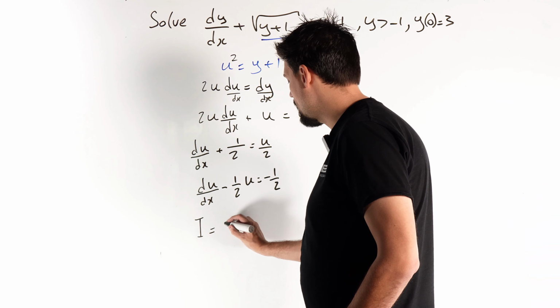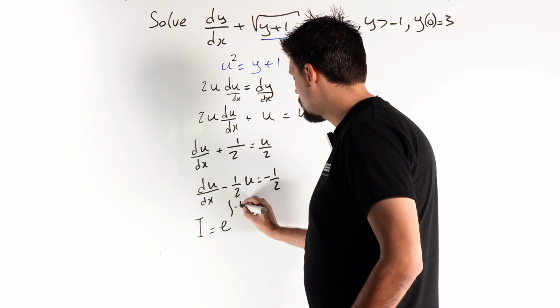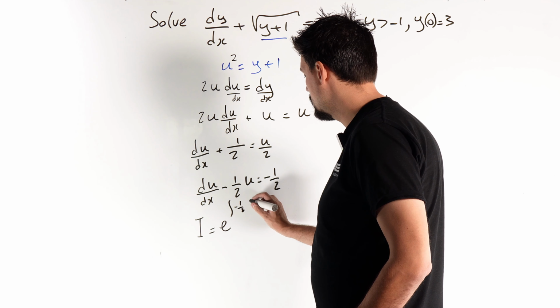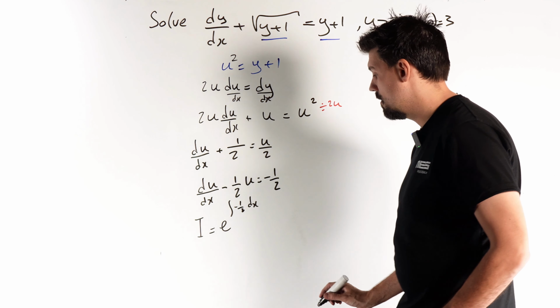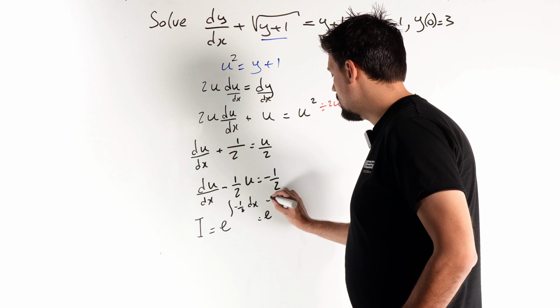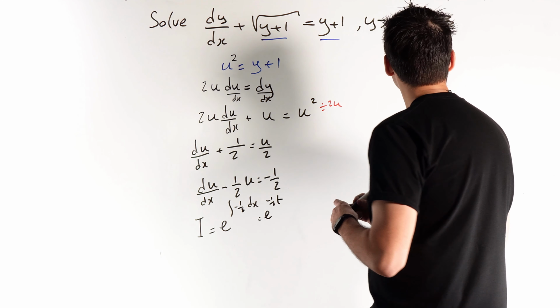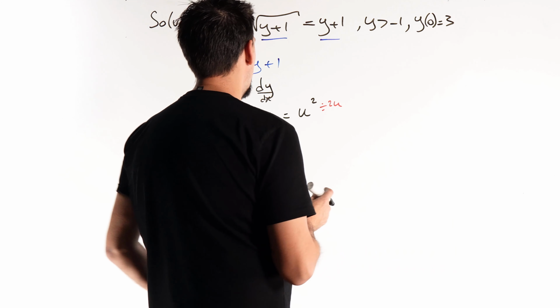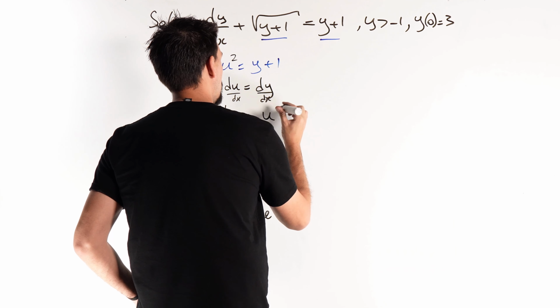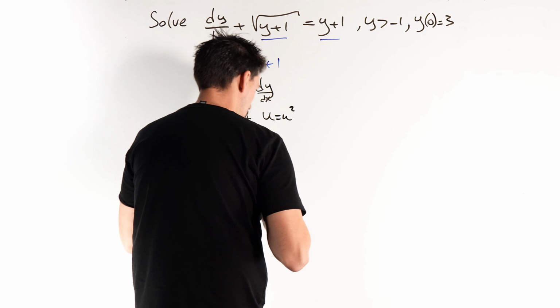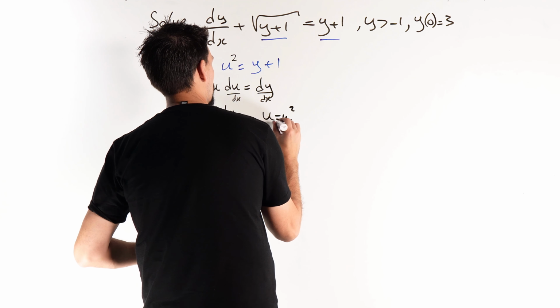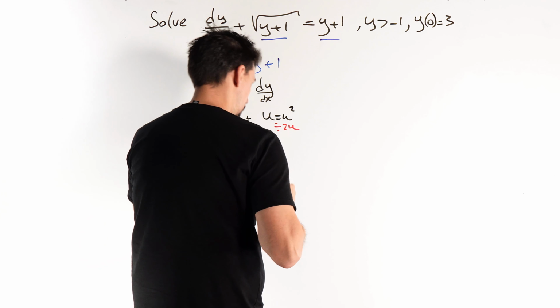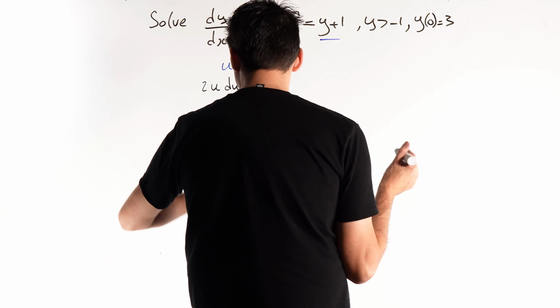So my integrating factor is e to the integral of minus a half dx, which is e to the minus a half x. So what does my whole thing become? Let's bring that back over there. Let's tighten that up a little bit. There we go. So what does my differential equation become?